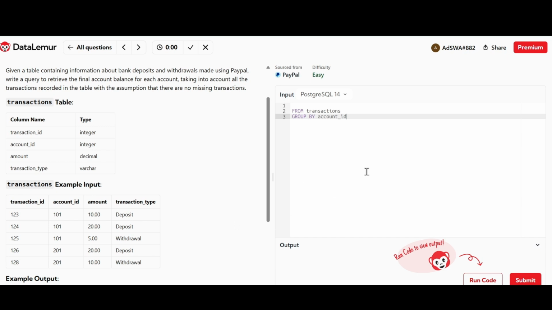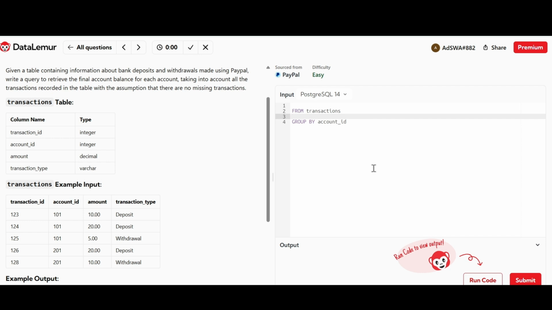Now here is one thing: when we are using group by, we can use the having clause after group by, or we can use the where clause before the group by.